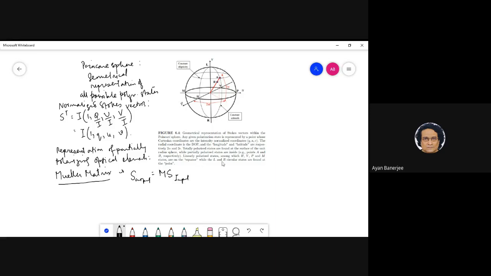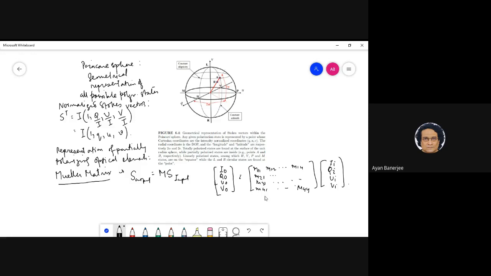That essentially means that I have some I_O, Q_O, U_O, V_O given by M11, M12 up to M14, M21, M31, M41, all these things to M44, times I_I, Q_I, U_I, and V_I.